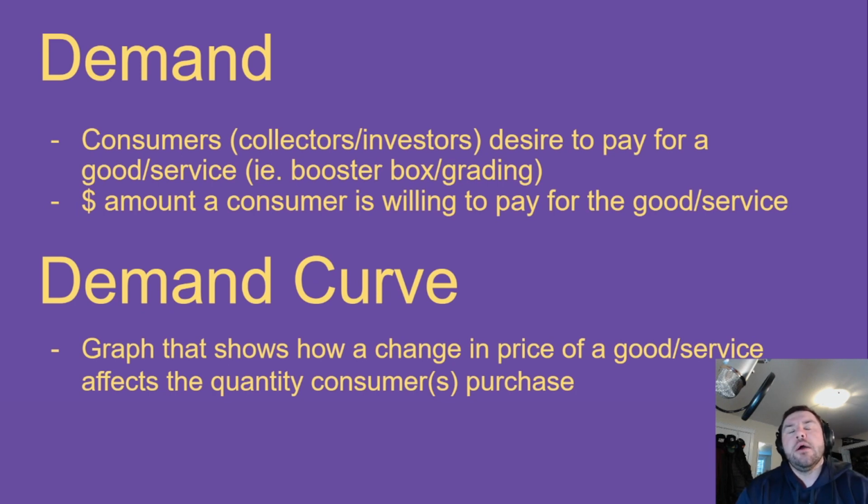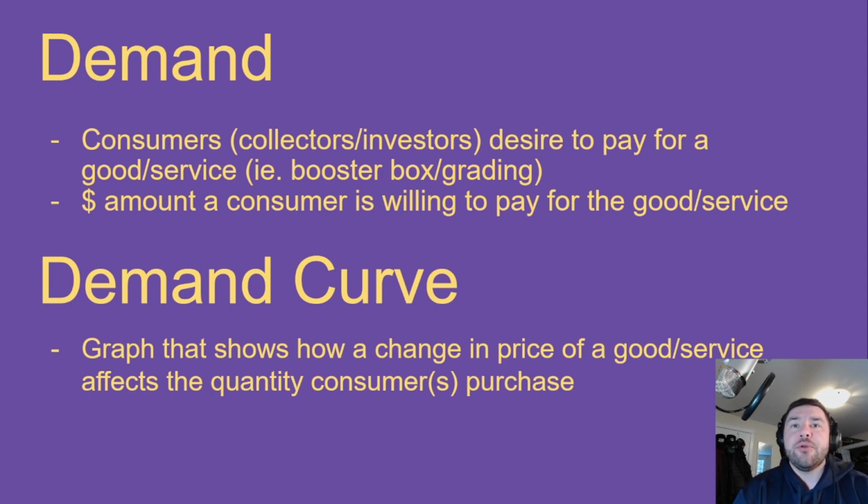Demand. I think everyone kind of understands demand. It's consumers' desire to pay for a good or service, right? So, for examples, booster boxes, grading, singles, stuff like that. So there's usually a dollar amount associated for consumers and what they're willing to pay for a good or service, and that's a factor in demand, and we'll get into that a bit more.